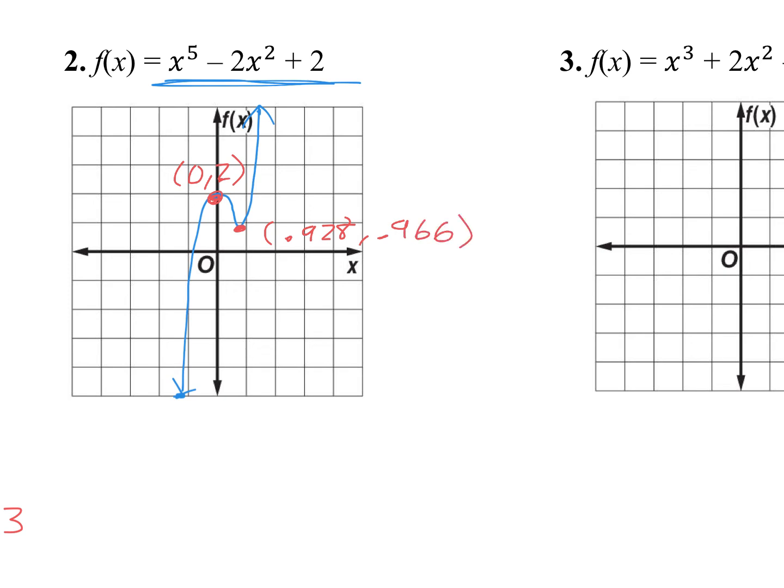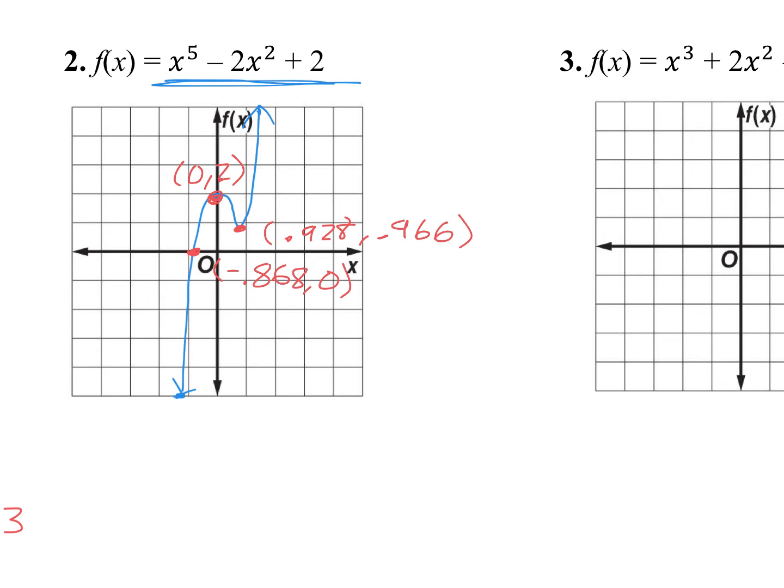The directions don't ask for it, but if you're curious about the 0, you can click here, and it will say negative 0.868, comma 0.